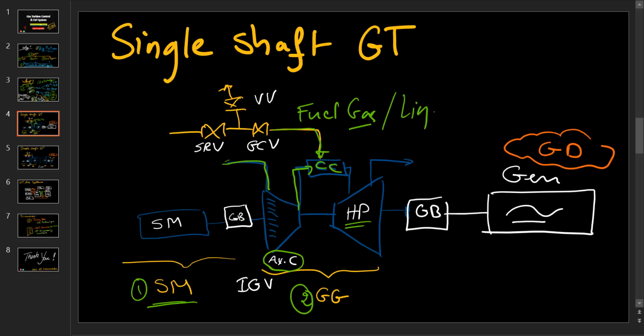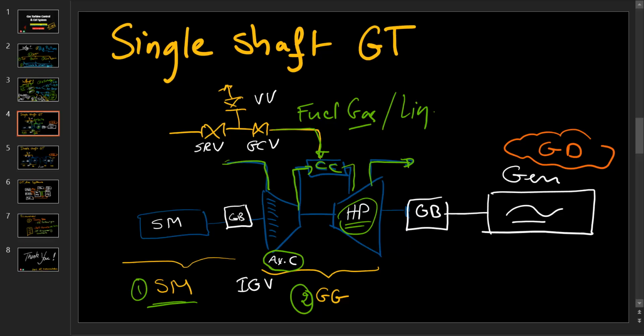And the turbine, the high pressure turbine, expands the hot gases coming from the combustion chamber, and that expansion causes the rotation of the wheels of the high pressure turbine.